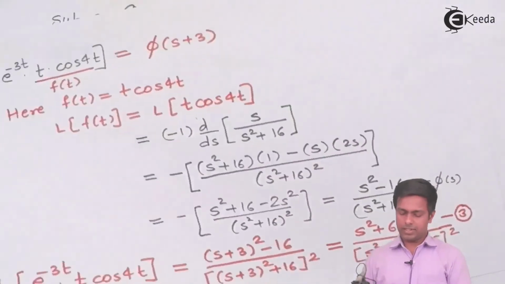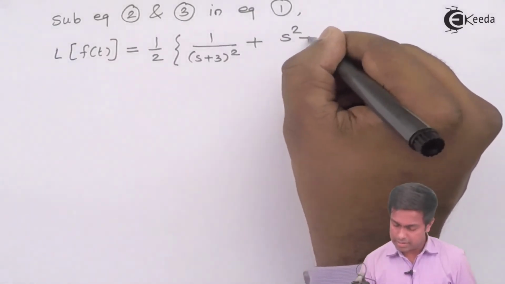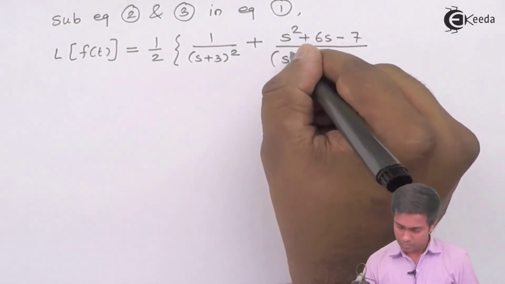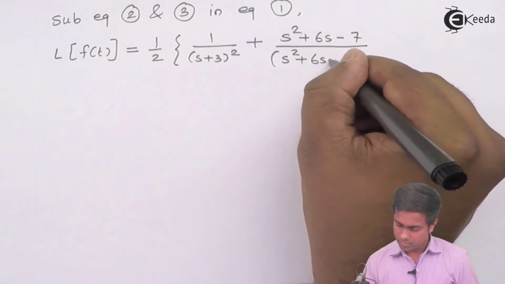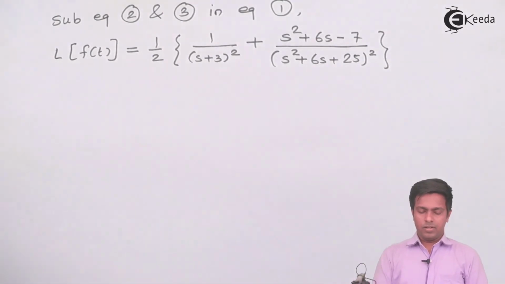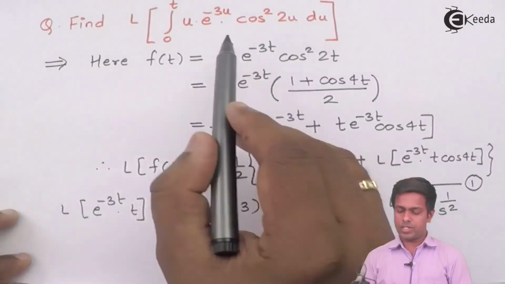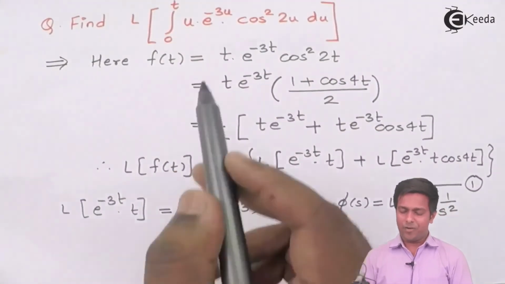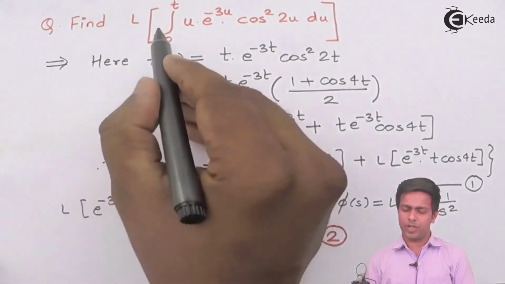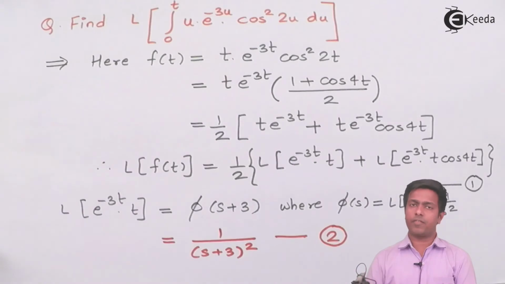I'll put this value over there, and that will become s square plus 6s minus 7 upon s square plus 6s plus 25 the whole square. So guys, here I got Laplace of f of t, and f of t was this function, that is f of u. Now after this, let's apply the property which is the Laplace transform of integral, because we also have this integration sign, and by applying the Laplace transform of integral we will get our final answer.